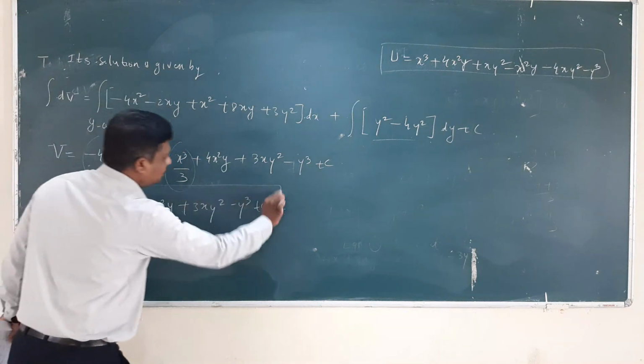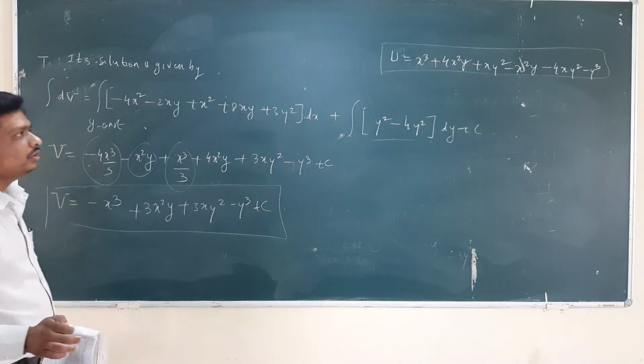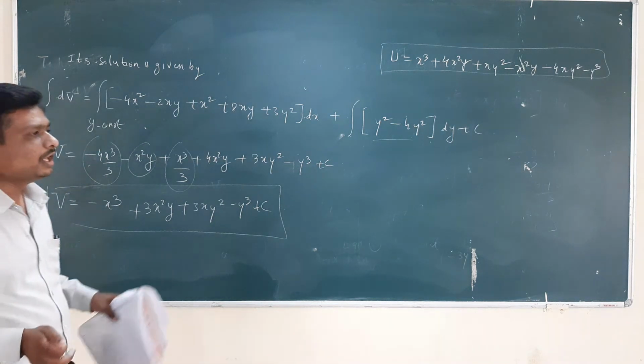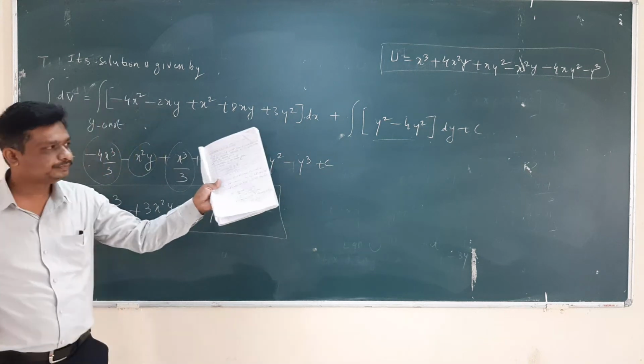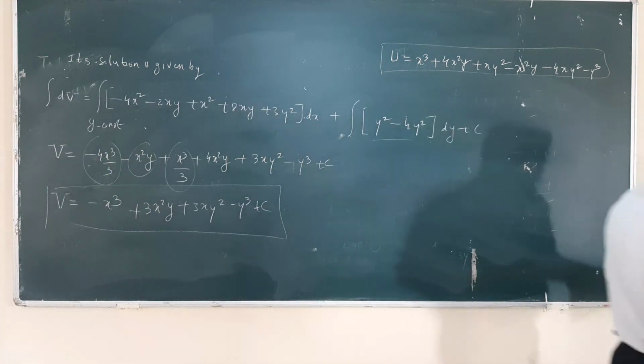So this is our v, that is nothing but u plus v. Now the second part of the question is, we have to express this in terms of f of z only.